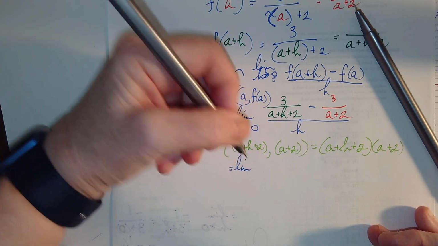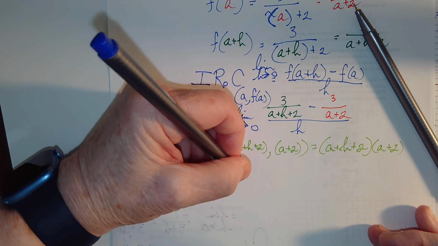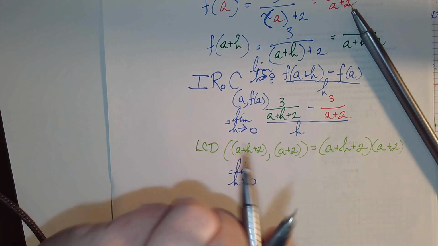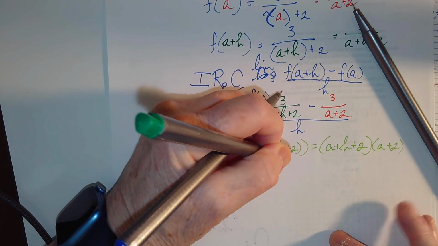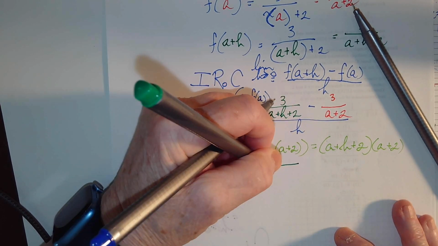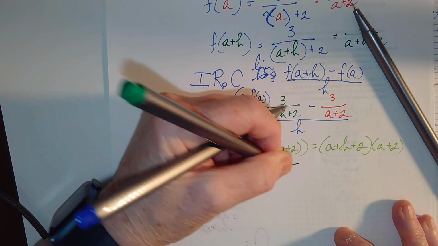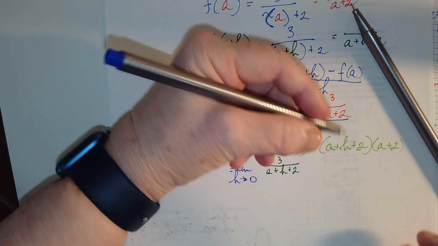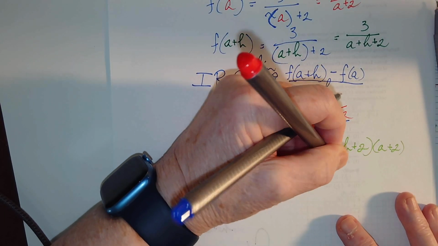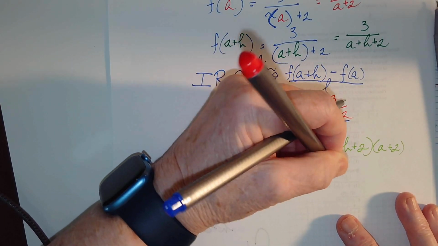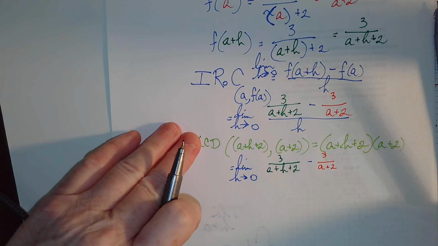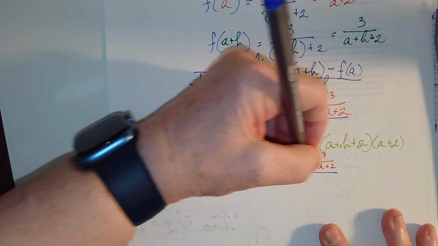So we're going to multiply the numerator and denominator of our fraction by the product of the two inner denominators. We have the limit as h goes to 0 of 3 over a plus h plus 2 minus 3 over a plus 2, all divided by h.